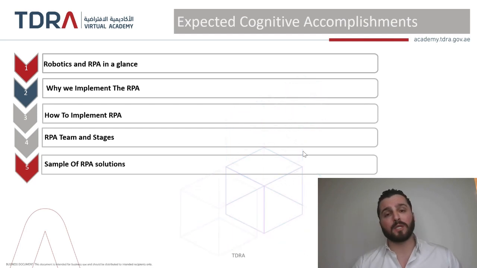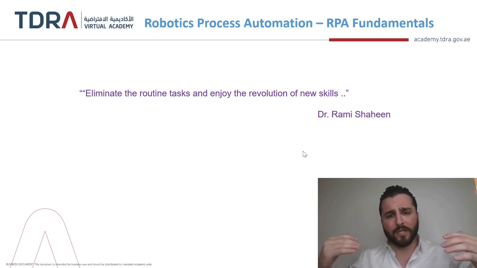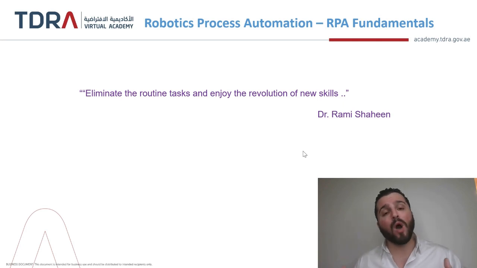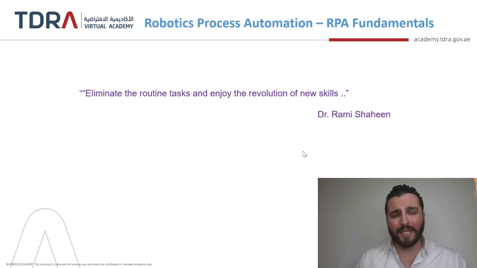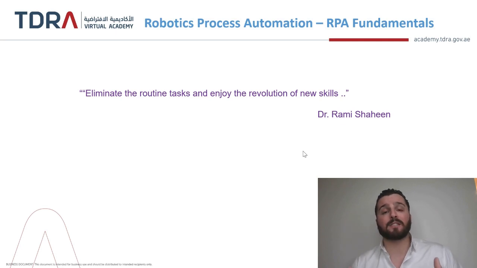RPA is one of the most important and essential tools that eliminate any routine job, and it's the new revolutionary skill that will be acquired through these technologies in the human ecosystem, in a way that will minimize any routine job and optimize the normal long operations that take place in your organization.